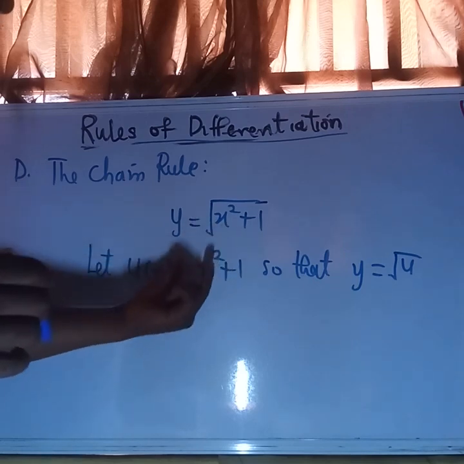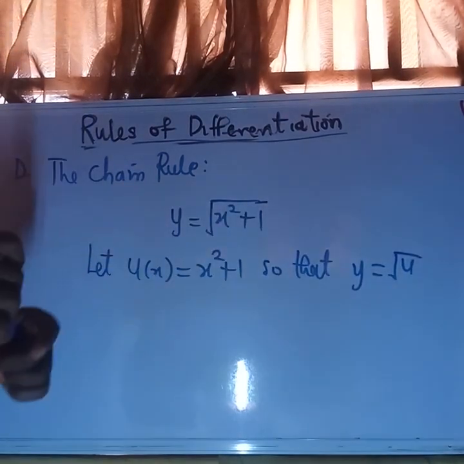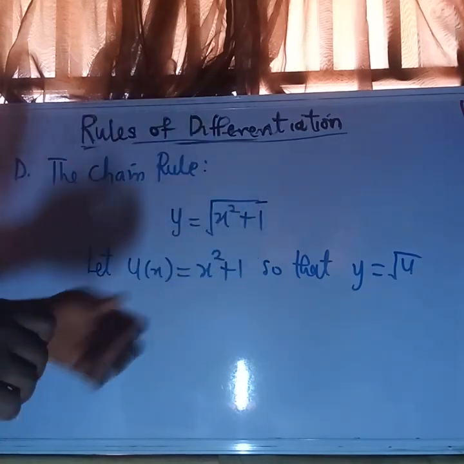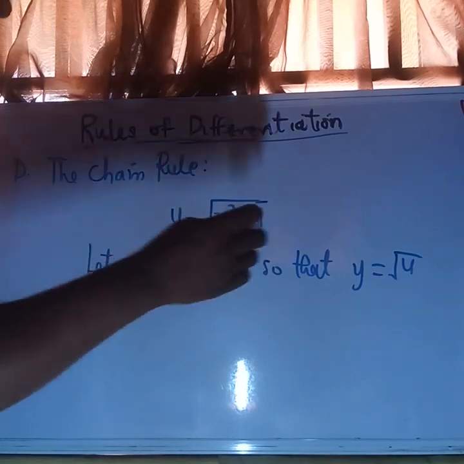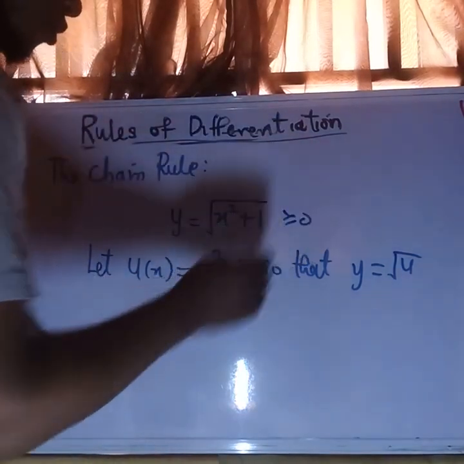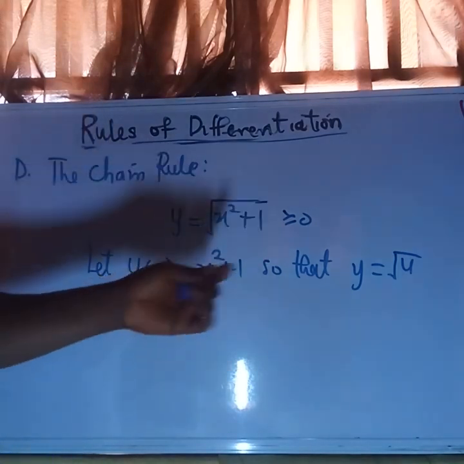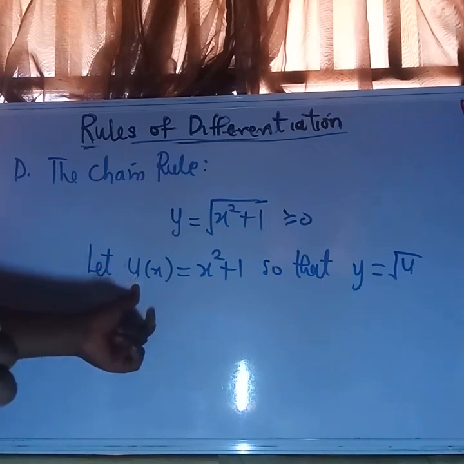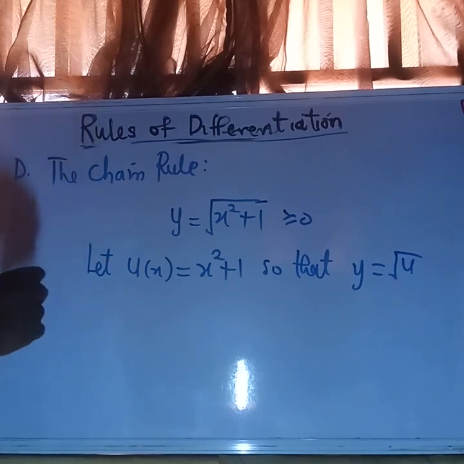This is what this gives, and we'll call that the variable x. x squared plus 1 must be non-negative for this y to be real. So in that case, this u also must be a non-negative function.